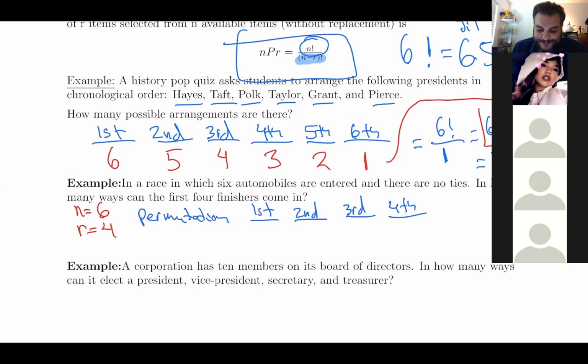Yeah, 6. What about second place? 5. 4, 3. All right, so let's multiply that out. So we get 6 times 5 times 4 times 3, and we get 360.